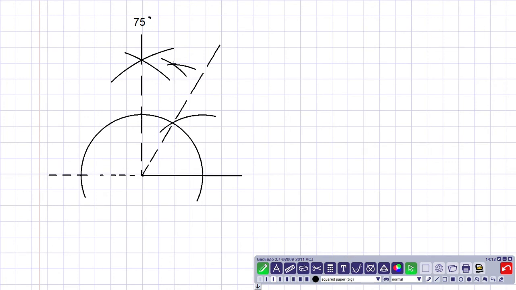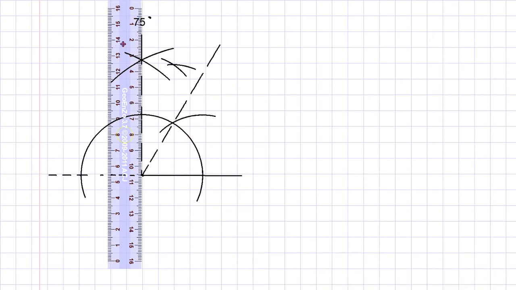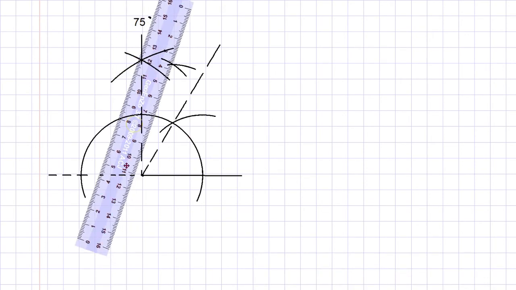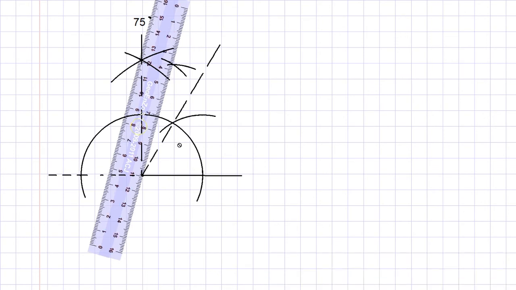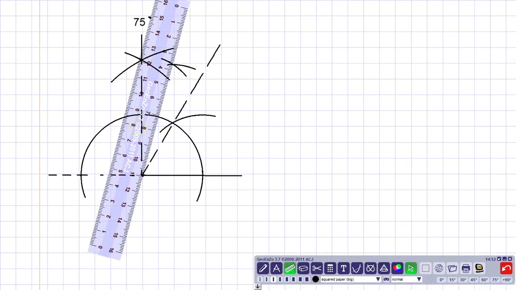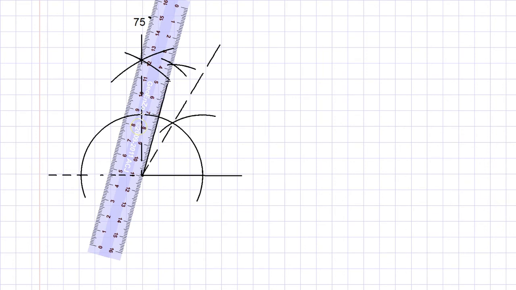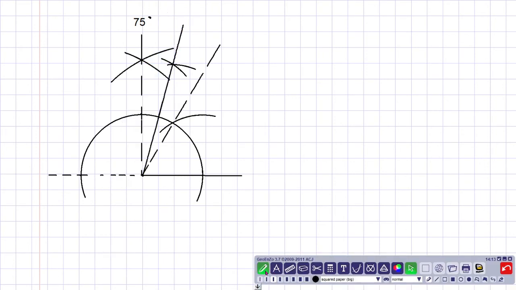You have to join this crossing point and this vertex using ruler. Now this angle is 75 degrees. 60 plus 15, 75 degrees.